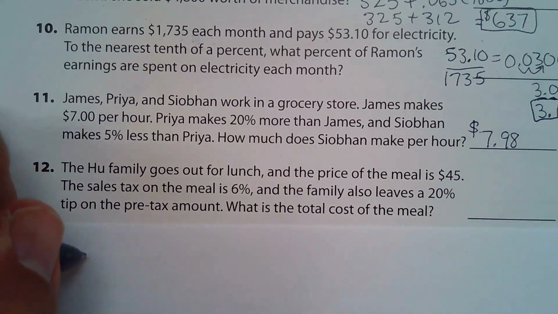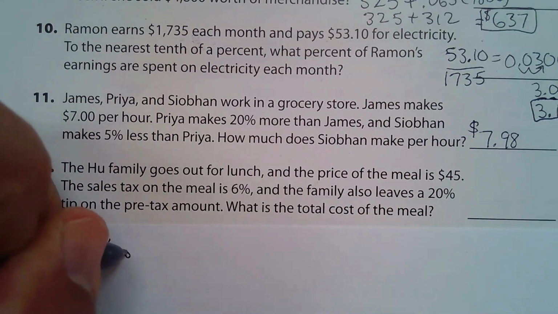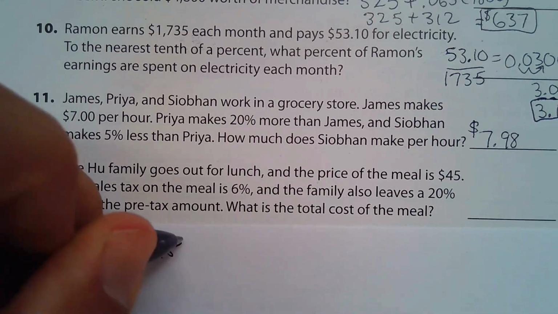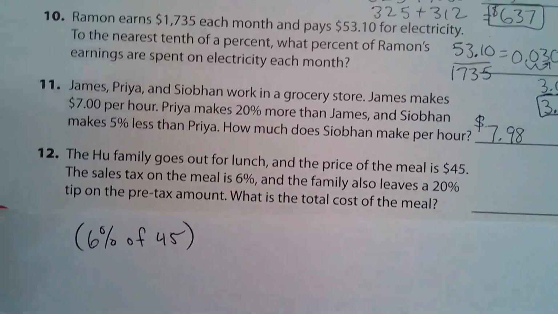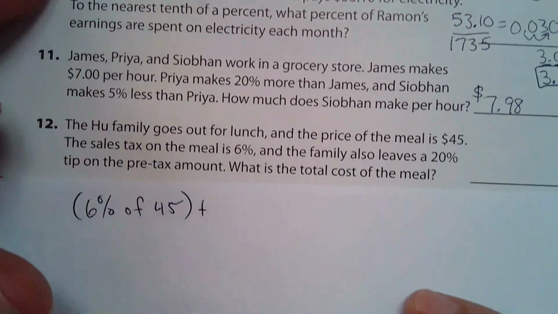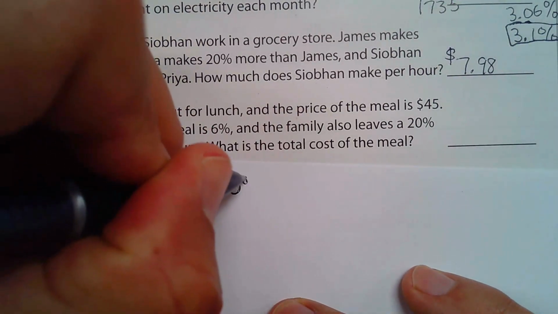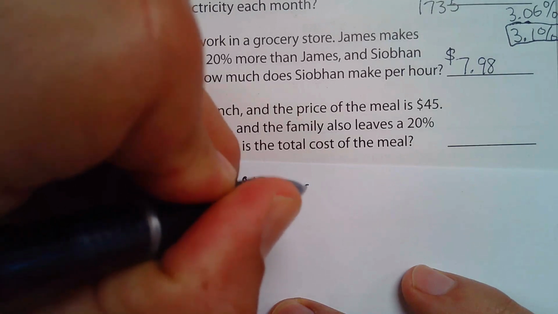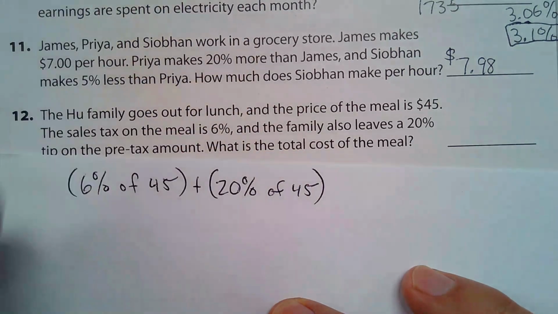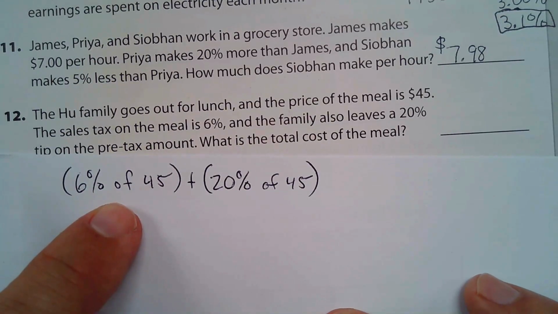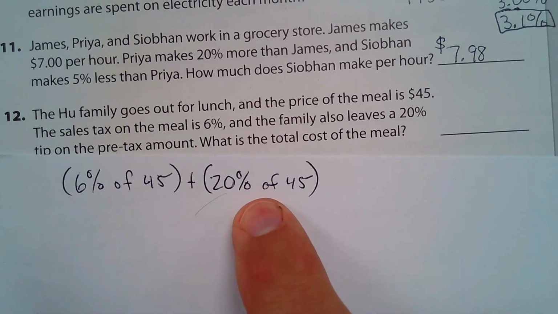So it's 6% of 45. I'll put this in parentheses, and move this up here. And it's 20% of 45. And so this is the amount that they're spending on tax. This is the amount that they're leaving for the tip.